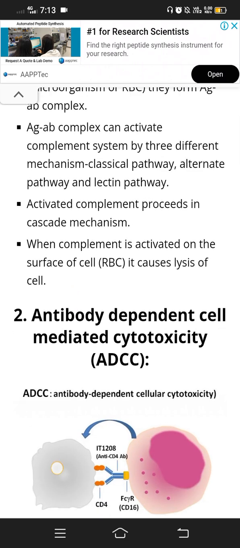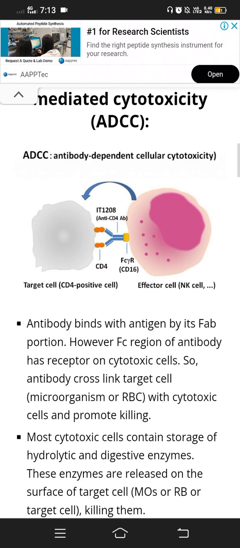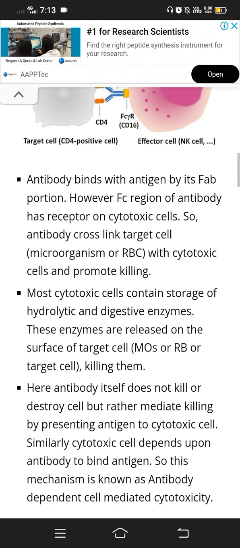Antibody dependent cell mediated cytotoxicity, or ADCC. Antibody binds with antigen by its Fab portion. However, the Fc region of the antibody has a receptor on cytotoxic cells. So antibody cross-links target cells, microorganisms or RBCs, with cytotoxic cells and promotes killing.